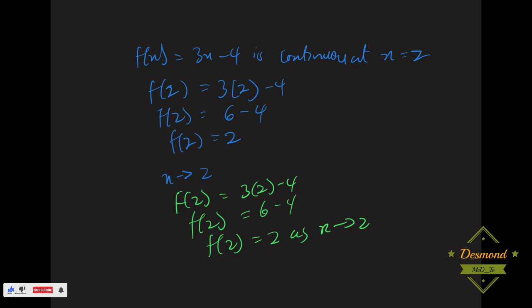Now let's take a series of examples. Our first example: let's say we are going to find the limit as x approaches 4 of the function f of x equal to x squared plus 2x.